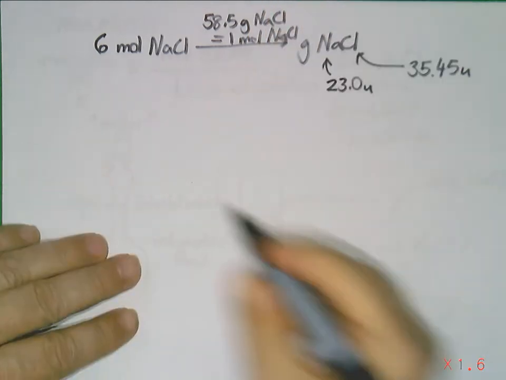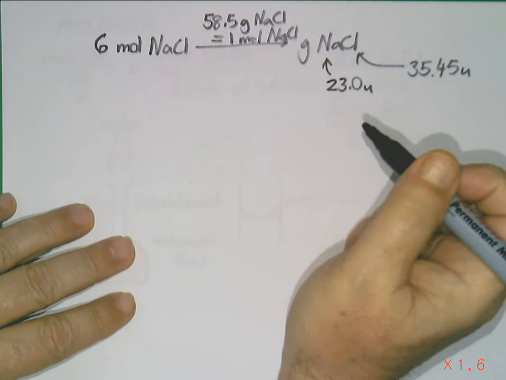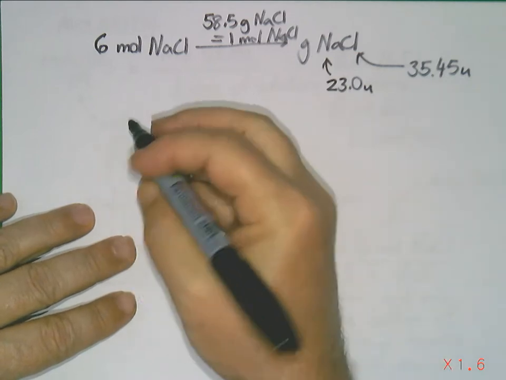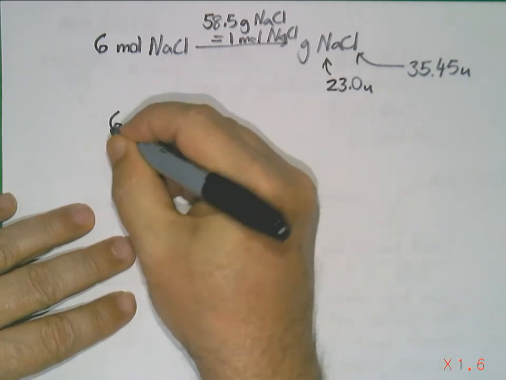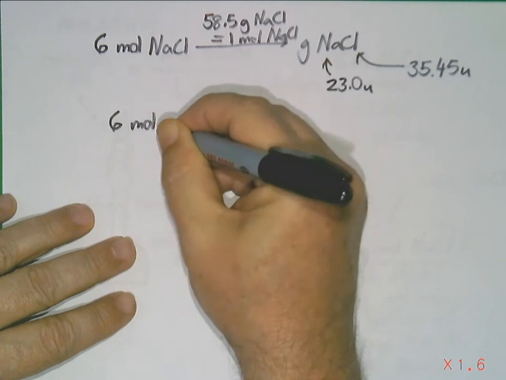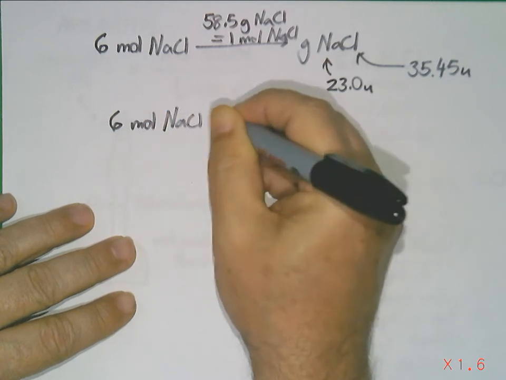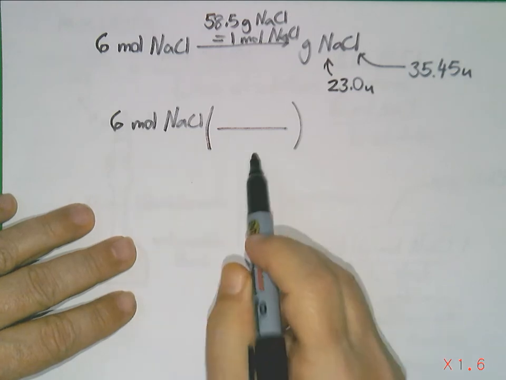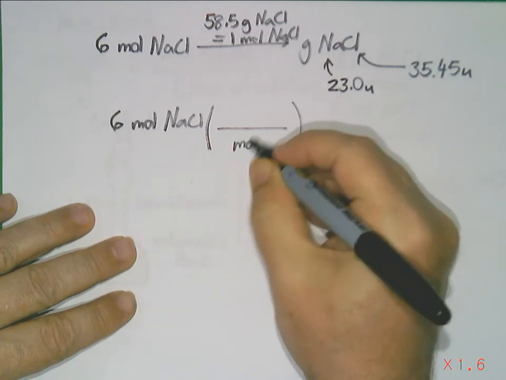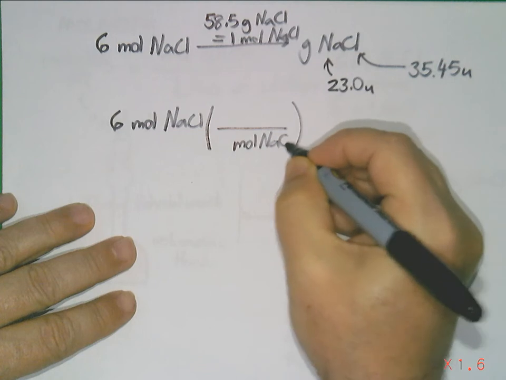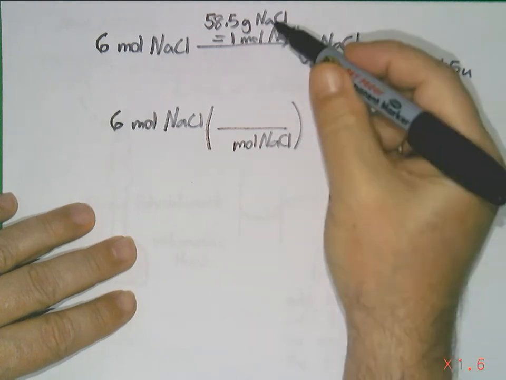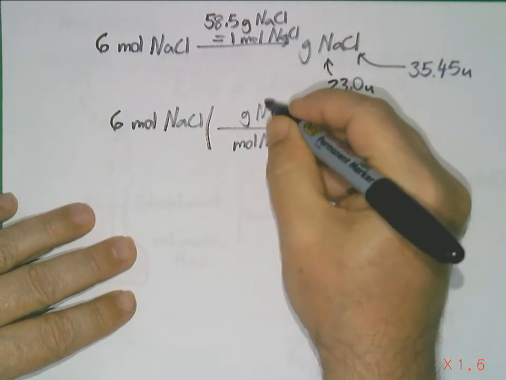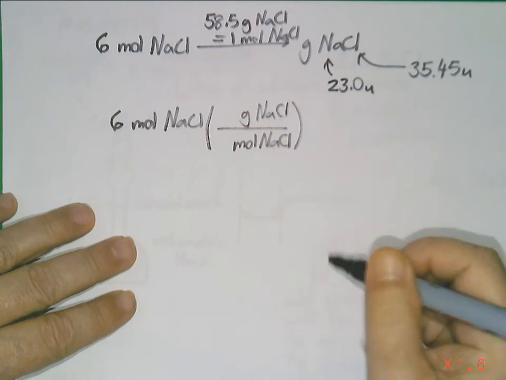And remember, we spent quite a lot of time doing gram to mole conversions for compounds before. I'll take the red map here. I know moles of NaCl has to go on the bottom here. So we're back to this again. And I know I'm trying to get into grams of NaCl and put that on top.